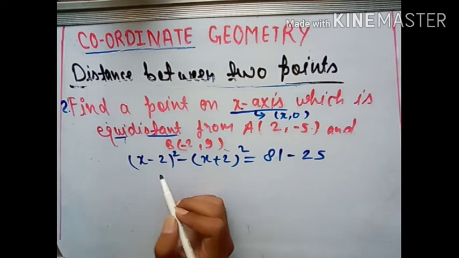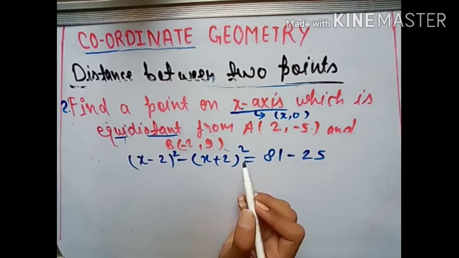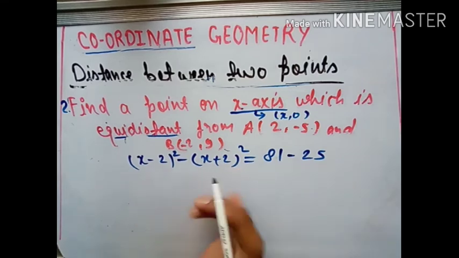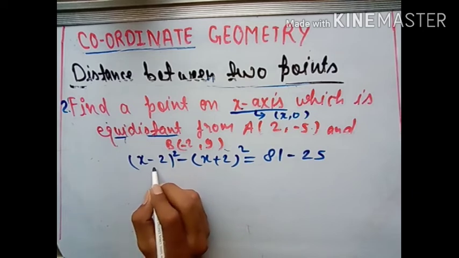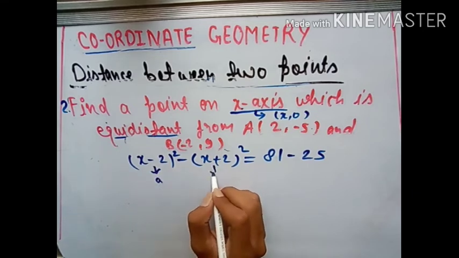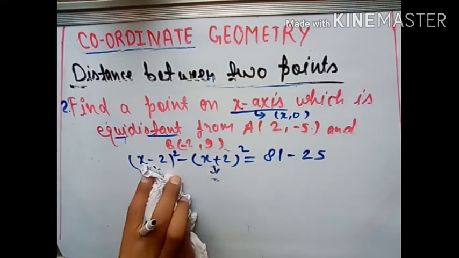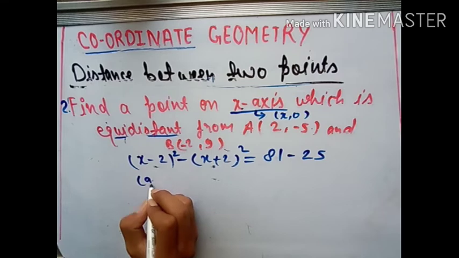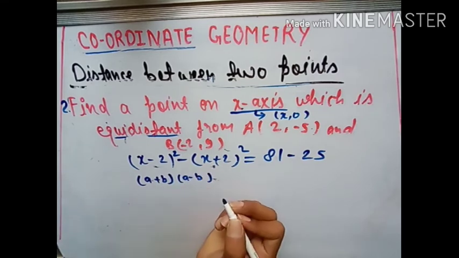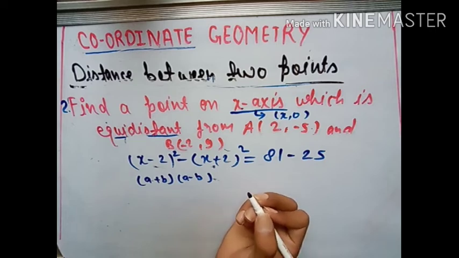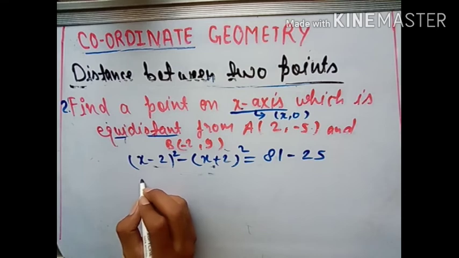Look here: x minus 2 whole square minus x plus 2 whole square. For solving this, you can simply use the identity. While using the identity, remember that it is A and it is B. Now what you write? You write in bracket A plus B, then thereafter A minus B. So A plus B is what?